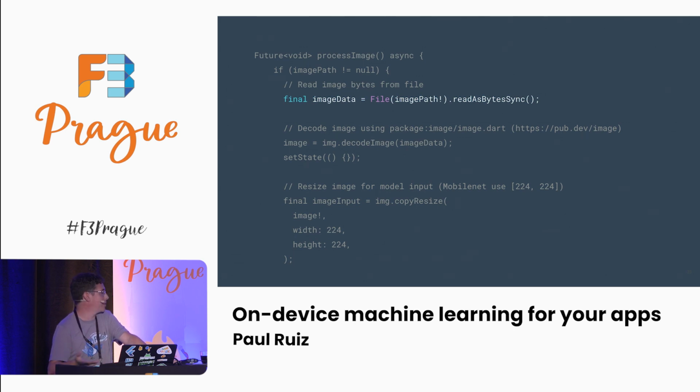In this case, I'm just going to grab a single image from the device, then turn it into a list of 8-bit integers using the readAsBytesSync function off of the dart:io package. And then once we have a list of bytes, we can create a new image object from the Dart image package. Also, how awesome is it that Dart just has all these packages that do so many cool things. Anyway, then you can use that to resize the image to the 224 by 224 pixel image that we're going to use for our inference.